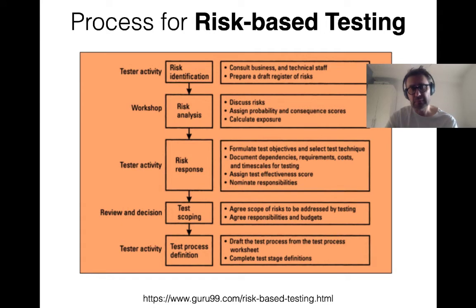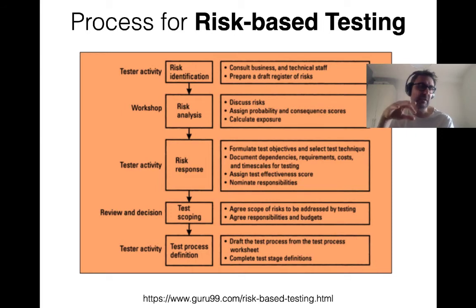Yeah, so we already discussed this, but here's a very generic overview. So testers, when they do this, they can do risk identification up top. So they talk to the requirement staff, the technical development staff, the business staff, and they draft a risk analysis, and they get feedback from everyone.